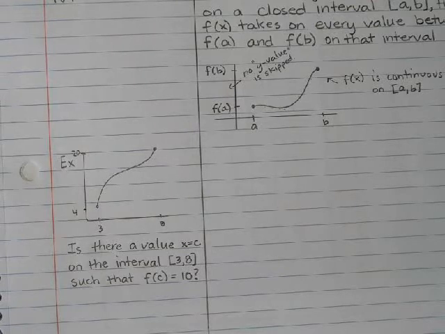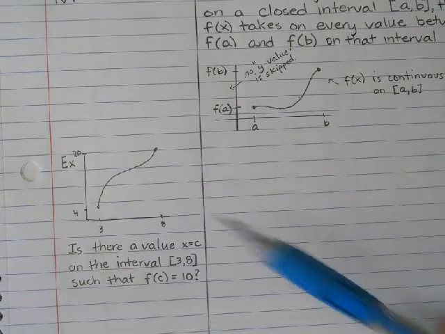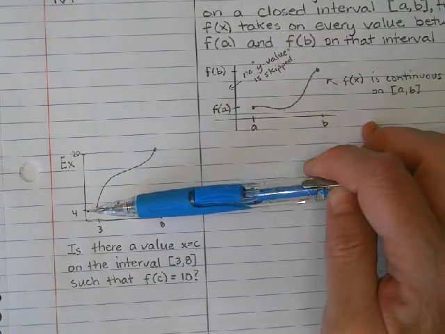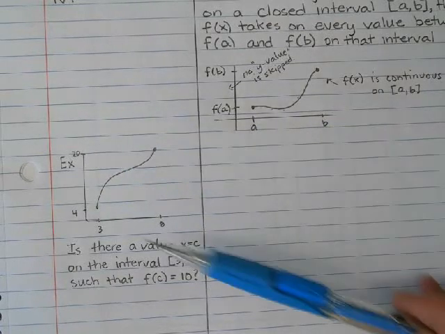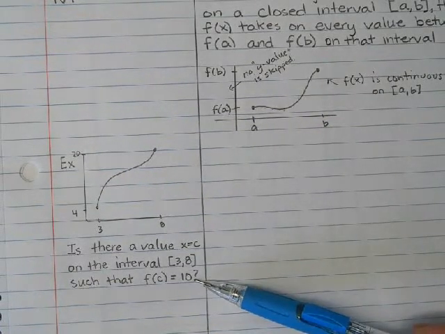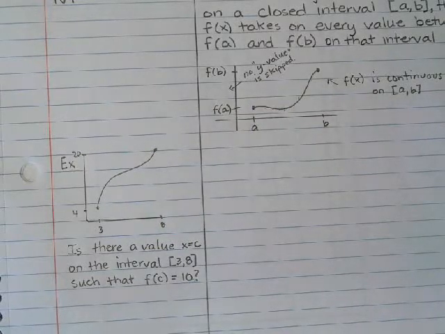It's a weird way of asking a question. So basically what they're saying is, look, this is continuous. All the y values, it has to go through every value from 4 to 20. So they're just saying, is there a point that the y value would have to be 10? Yes, because it has to go through every point from 4 to 20.